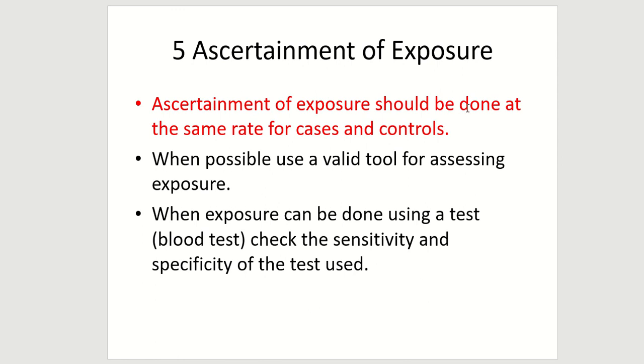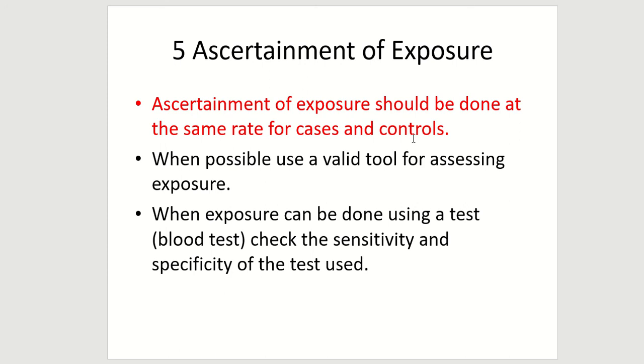Ascertainment of exposure should be done at the same rate for cases and controls. You've heard this probably in other designs, the methods, the intensity, the effort put in ascertaining whether the outcome or the exposure. Here we're doing it for exposure because it's a case control design.